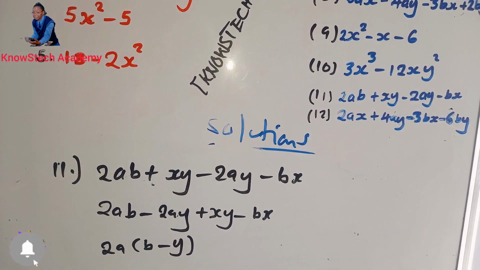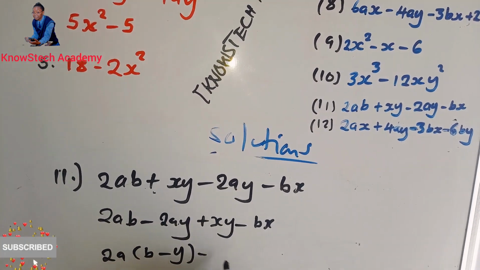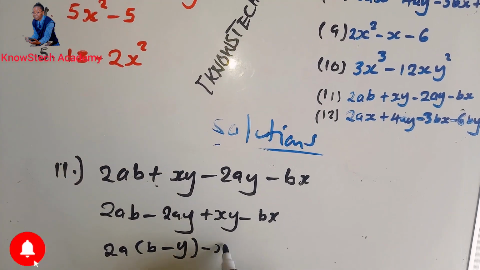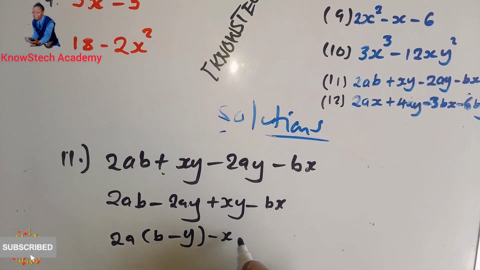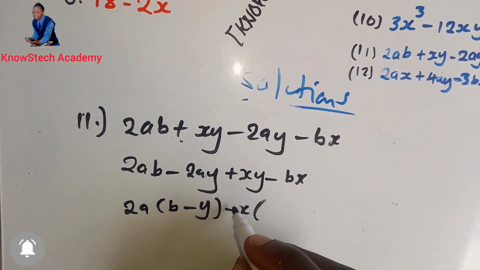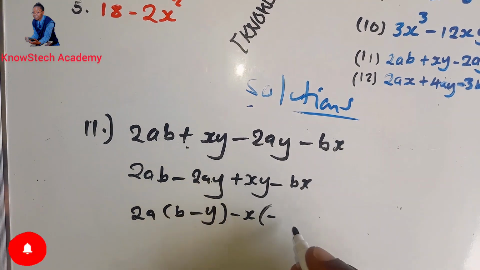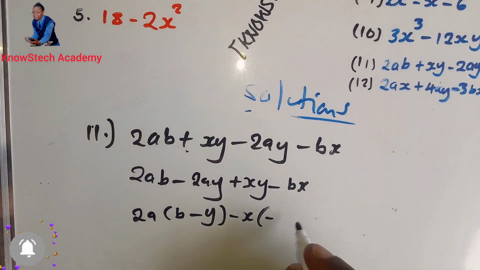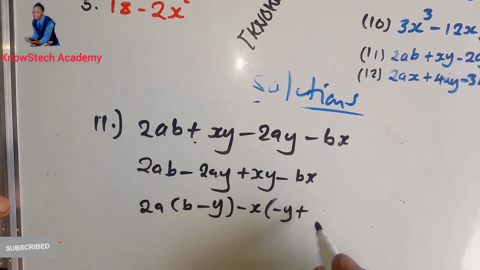Okay, so what is common here? We have minus x. Okay, minus x is common. So x negative into positive is minus. X and x will cancel. Then remains with y. Negative y, negative, it is positive.